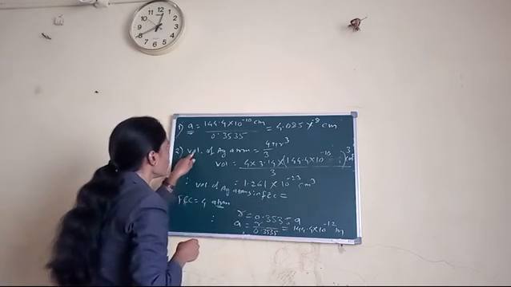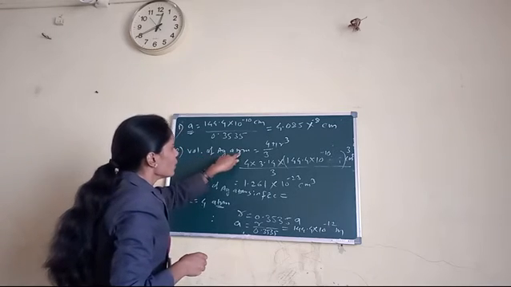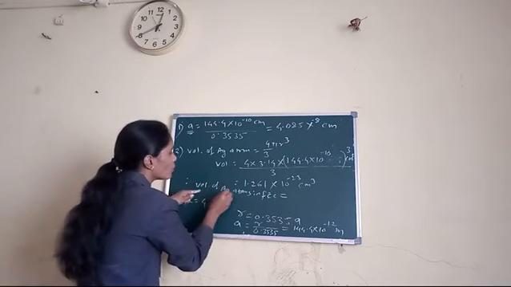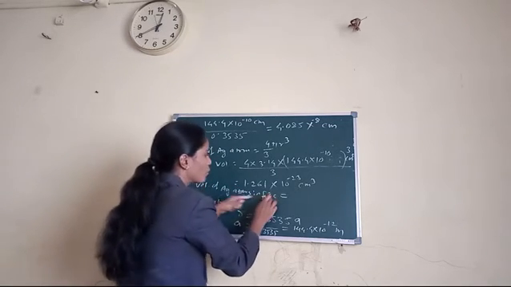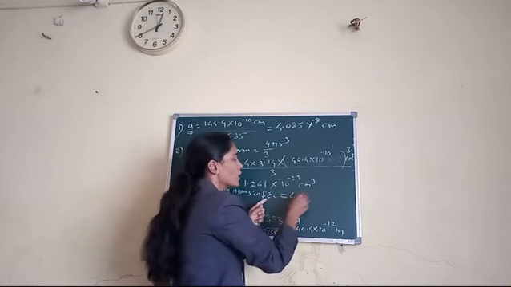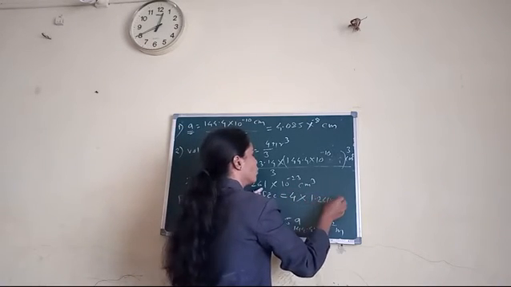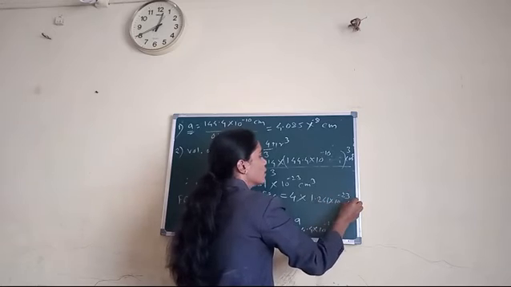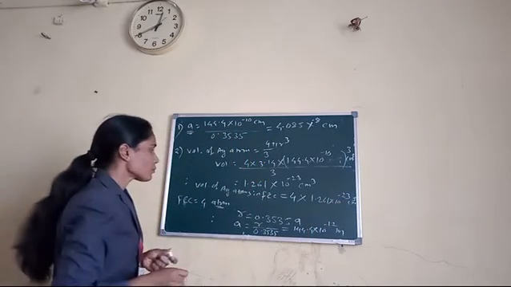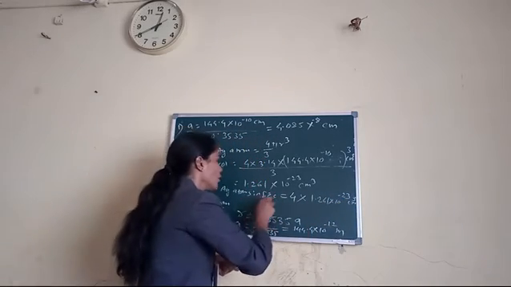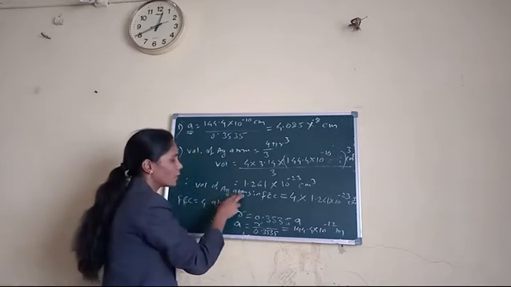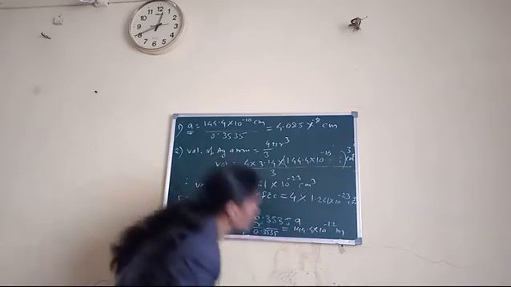This is only the volume of one silver atom. Here the volume of silver atoms in FCC: FCC contains 4 atoms into volume of 1 atom, 1.261 into 10 raised to minus 23 centimeter cube. By this formula we get the volume of silver atoms in FCC.